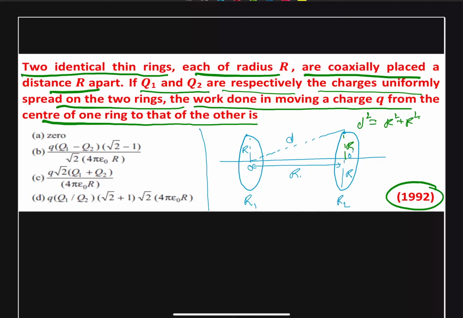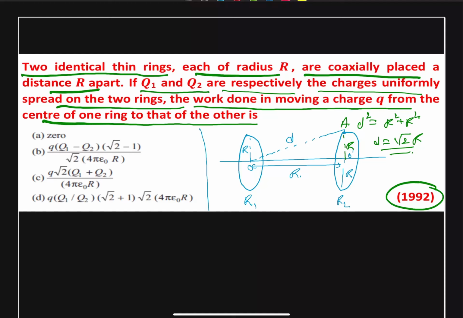So we can say our d will be equal to square root of 2 multiplied by r. So this is the distance between the center of one of the rings and any point, let us call this point A, on the other ring. We can just draw on the other side also, but it doesn't matter.